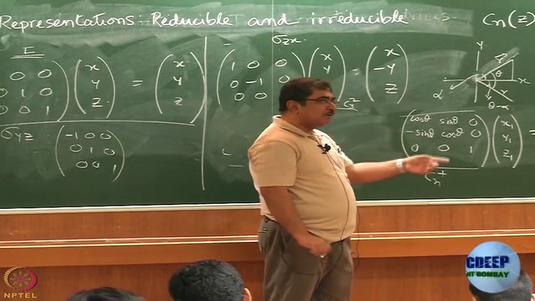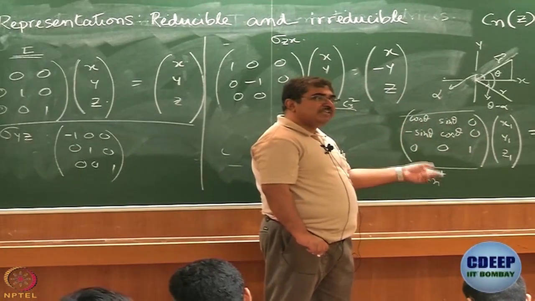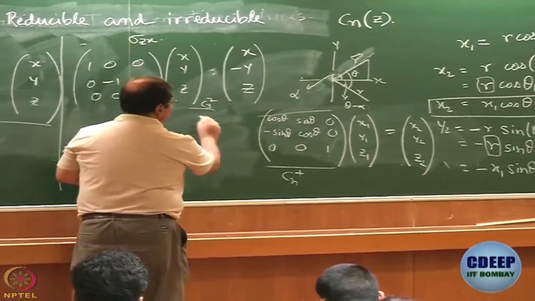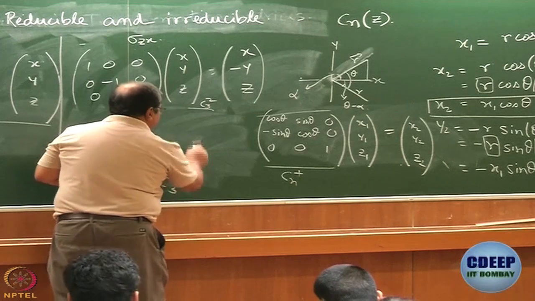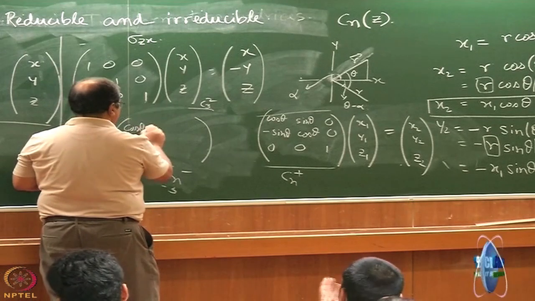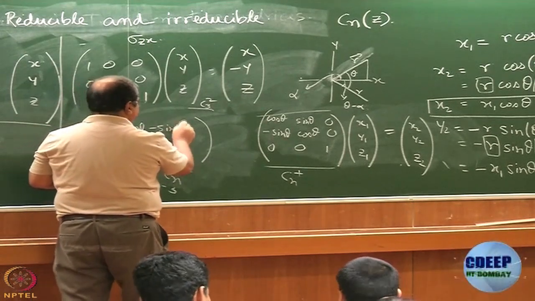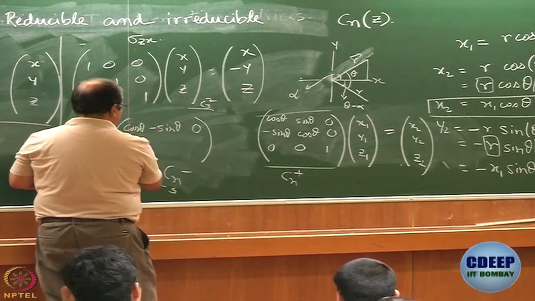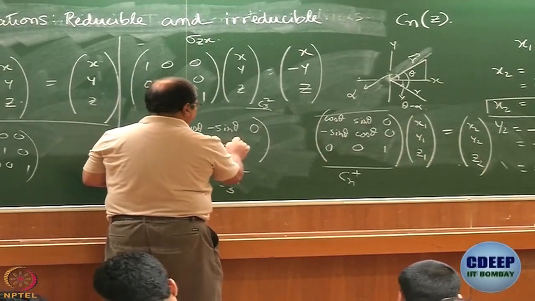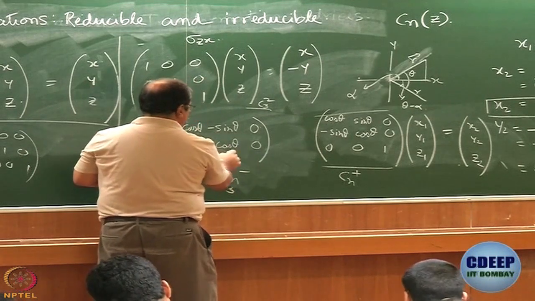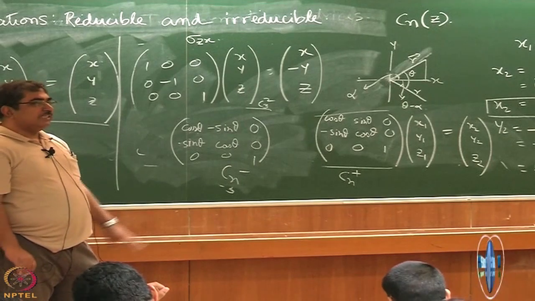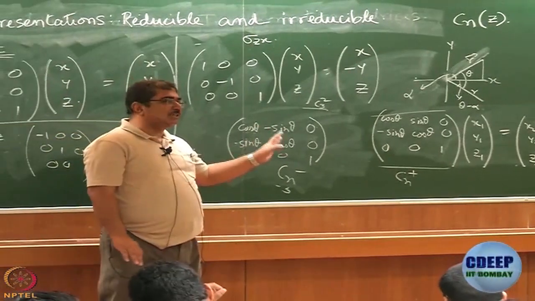I ask you to work out the transformation matrix for an anti-clockwise rotation. For Cn minus, the matrix will be cos theta, minus sin theta, 0; plus sin theta, cos theta, 0; 0, 0, 1. You do not have to believe me on this, work it out yourself.